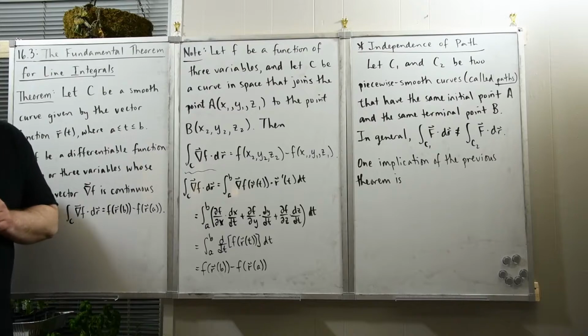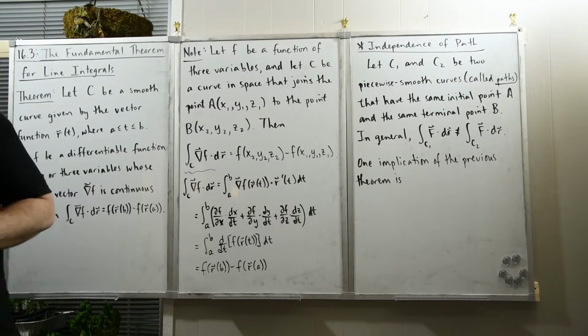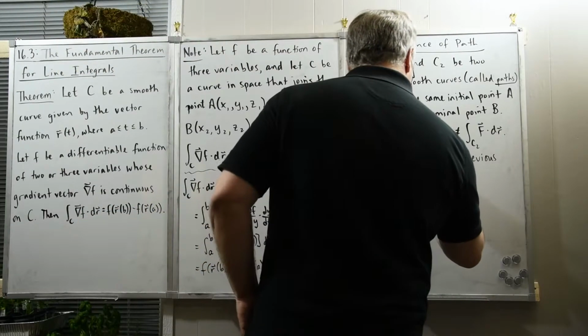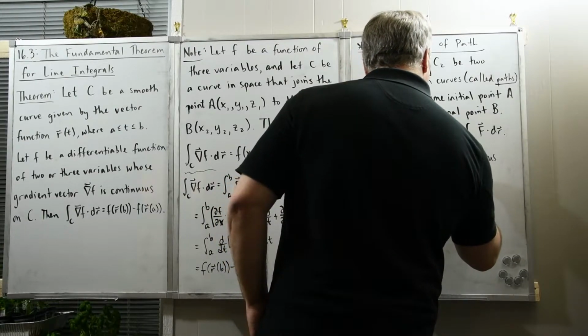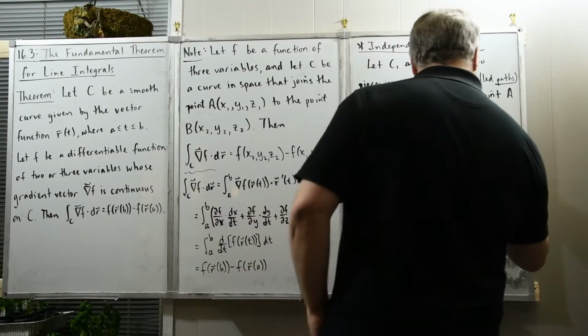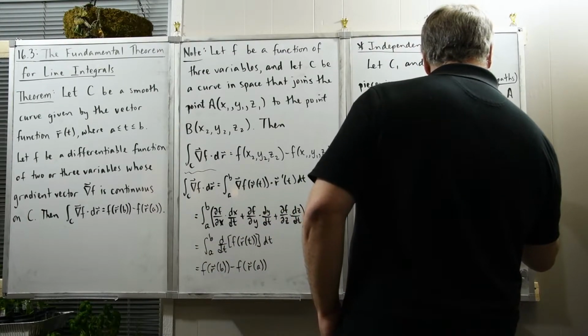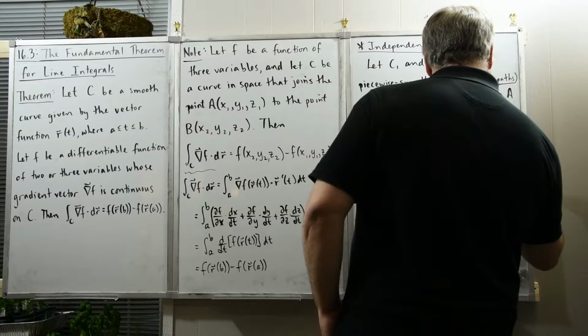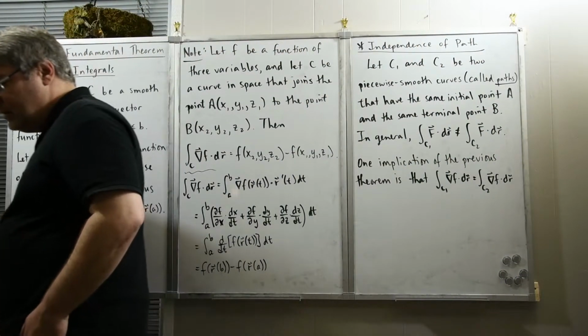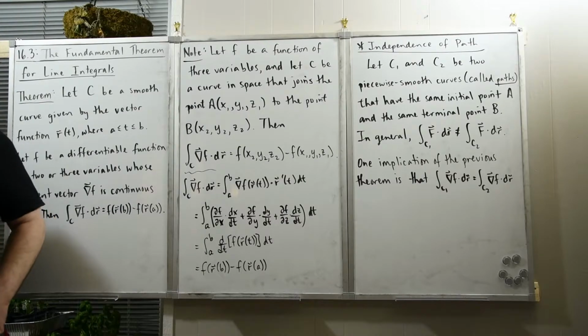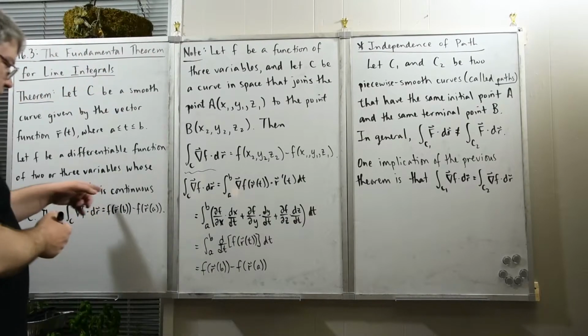So basically what we get is following. Line integral gradient of f along C1, line integral gradient of f along C2, whenever the gradient of f is continuous. So that's one of the conditions of the theorem here.